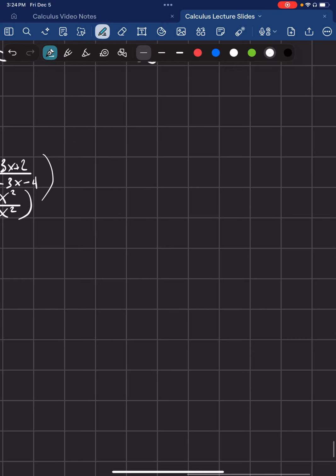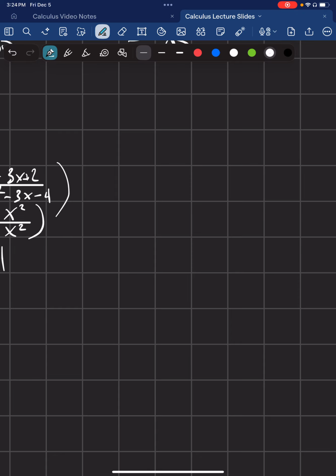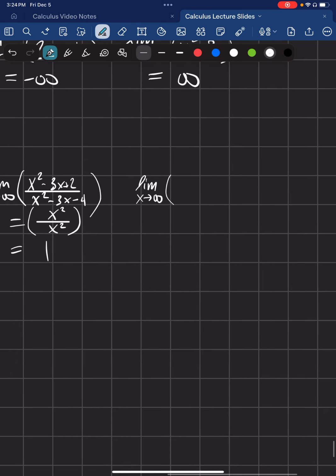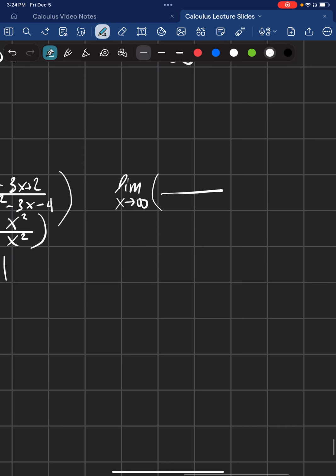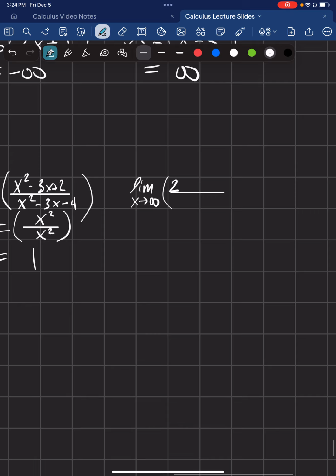Now, if we take a different function, say limit as x approaches infinity, let's give a similar problem, but let's just change some things around. Let's change the coefficient here. Let's say this is 2x squared minus 3x plus 2 over x squared minus 3x minus 4. When it comes down to a function like this, it still comes down to the degrees of the function.